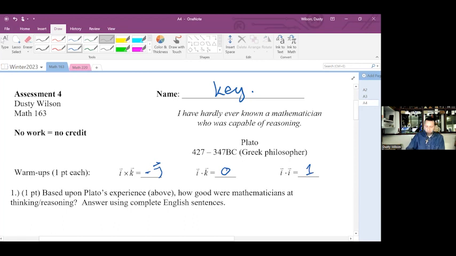Based on Plato's experience, based on the quote above, how good were mathematicians at thinking and reasoning? Answer using complete English sentences. Well, since he said he's hardly ever known one, presumably mathematicians were not very good at reasoning.